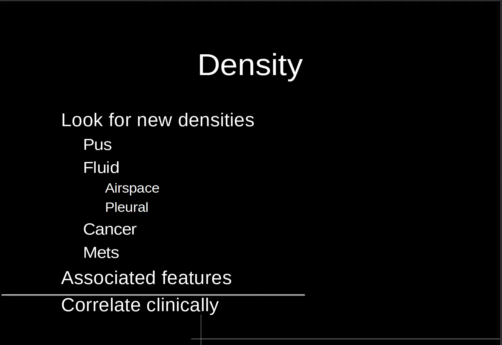Pleural effusions. Soft tissue lesions can be deposited in the airways and the air spaces, particularly in the air spaces. Cancer, metastases, primary lung tumours. Look for associated features and always correlate clinically.